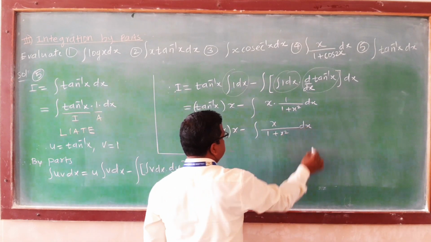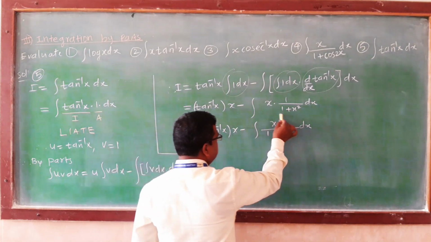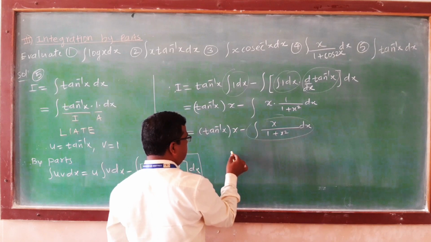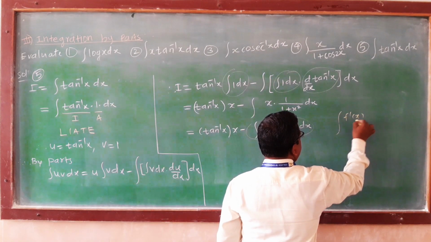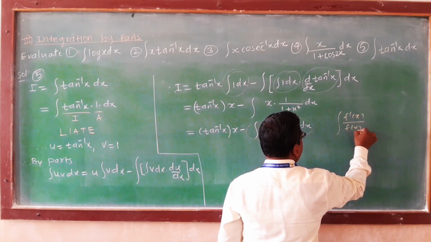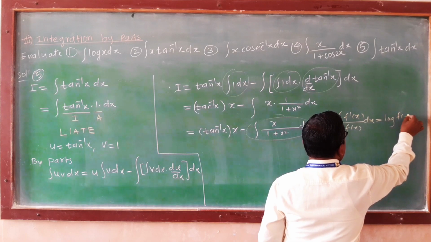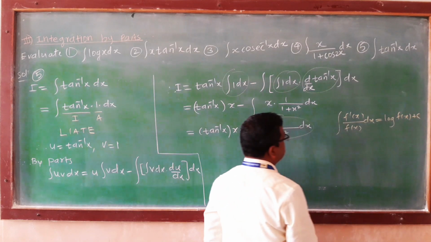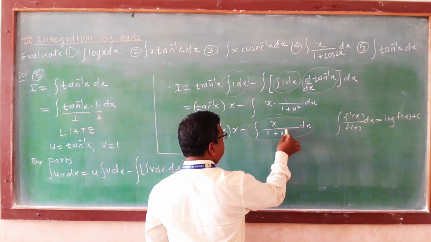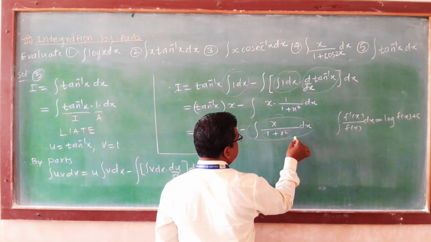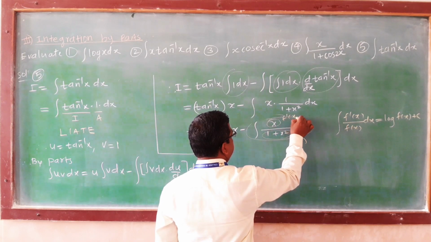Now to find the value of this integration, we have to use this formula: integration of f dash of x upon f of x dx, which is equal to log of f of x plus c, f dash of x upon f of x. Now if this is f of x, then this must be f dash of x.